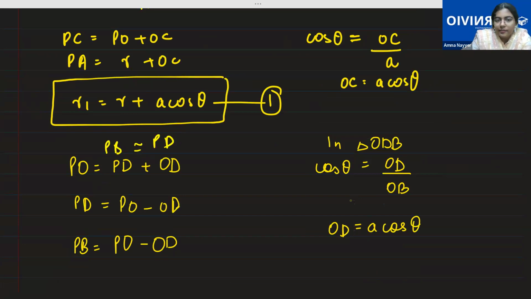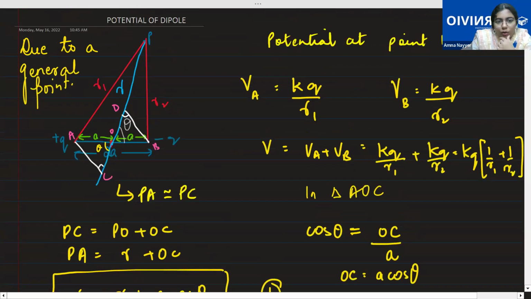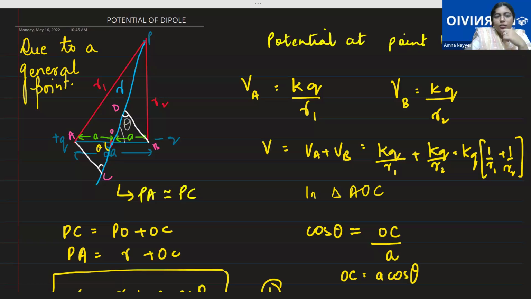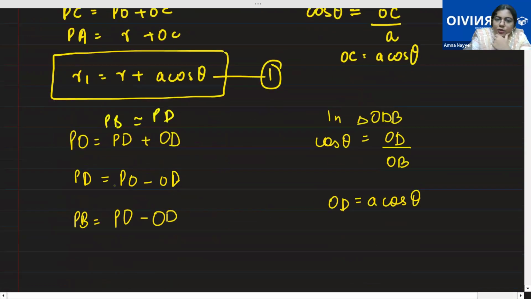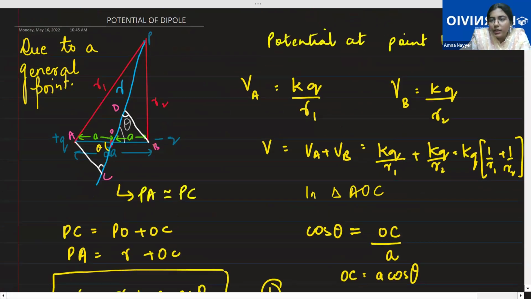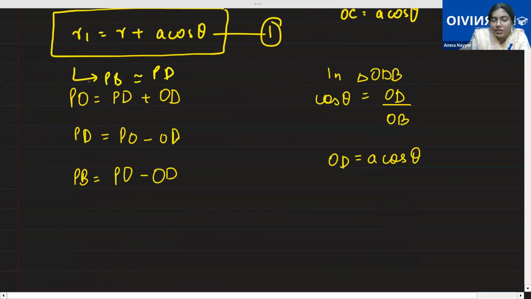Got it? Yeah. Now see, this PO bigger one is made up of PD plus this OD, right? So PO is equal to PD plus OD. So PD is equal to PO minus OD. PB and PD are almost equal to each other because that was our condition for derivation.